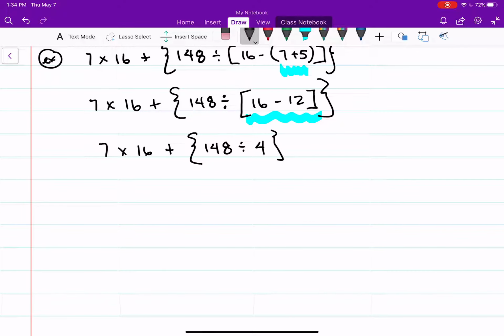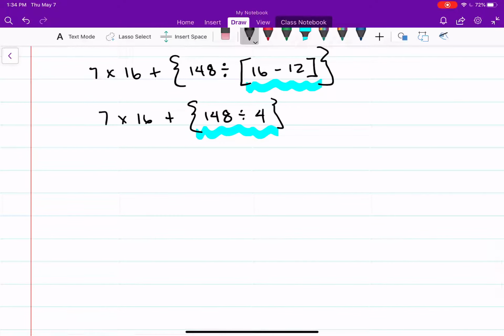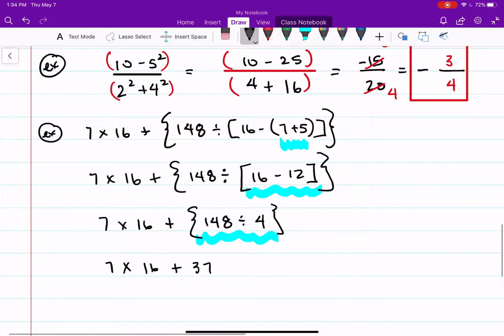So, again, I still have to deal with this parentheses here. Awesome. So I need to do 148 divided by 4. So now I have 7 times 16 plus 37. Okay. So far, so good.